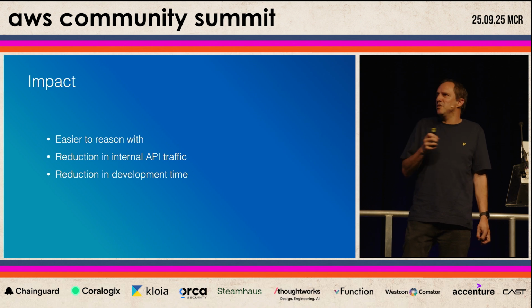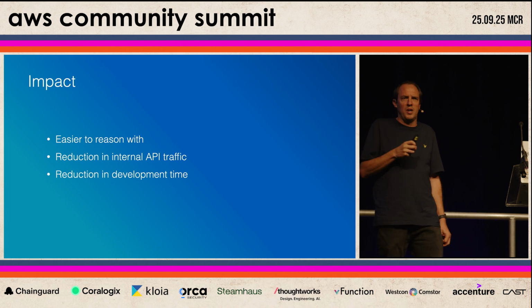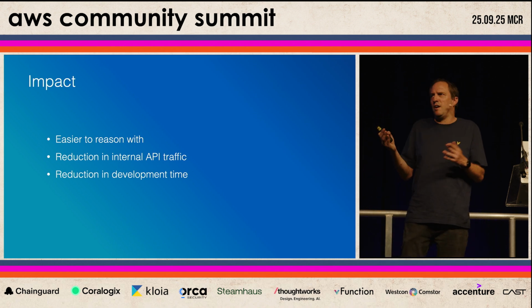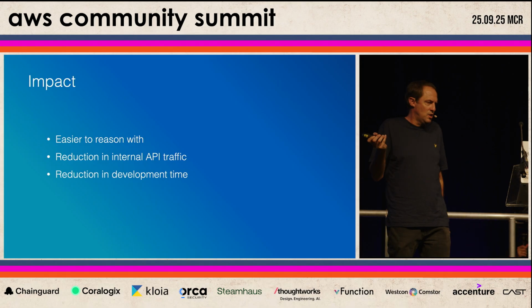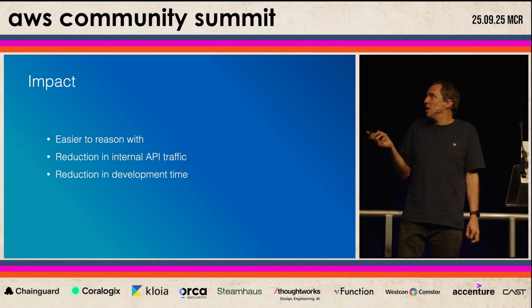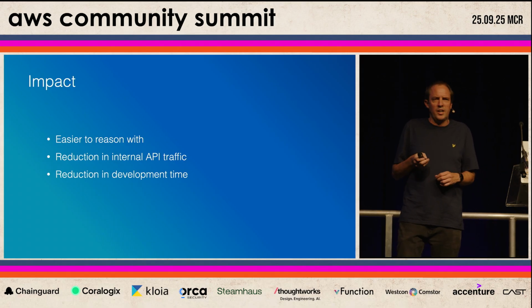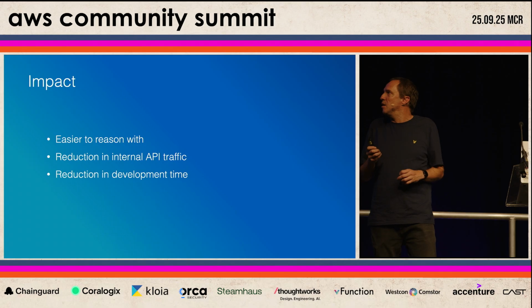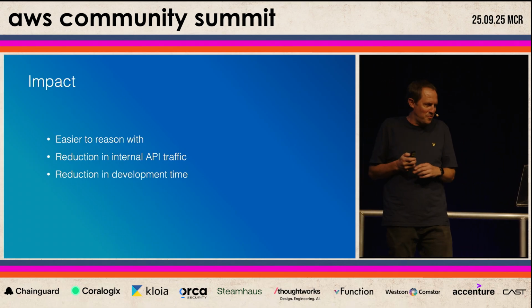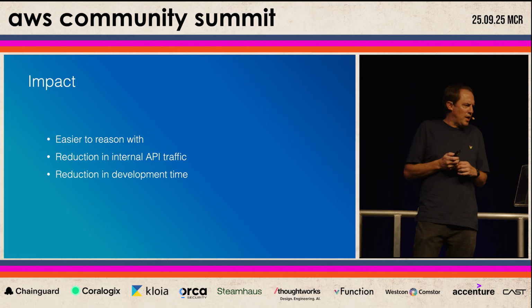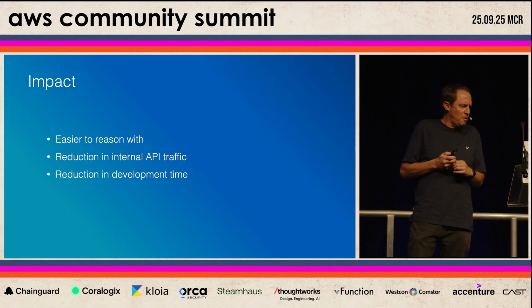We haven't updated all consumers to not make those API calls just yet, but the ones we have, and obviously anything new, we're not making our internal API calls at all. And again, reduction in development time for some projects. I recently worked with some of these, and I did it far quicker than I would have done previously. So that's the kind of impact that all this has had.